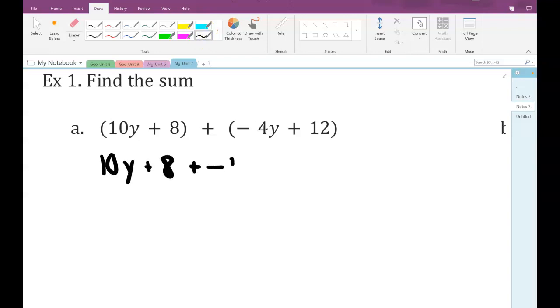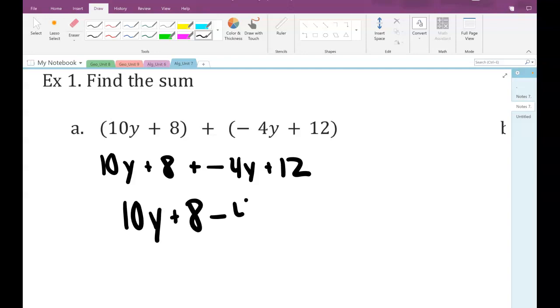So plus minus 4y plus 12. And then if you ever have a plus minus, these two things together, you can change that just to a subtraction sign. So that's what we'll do. 10y plus 8 minus 4y plus 12.